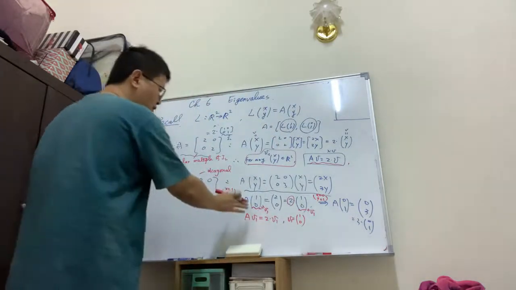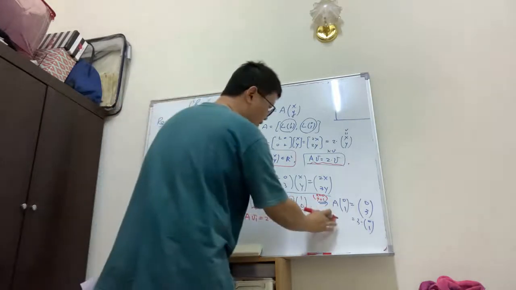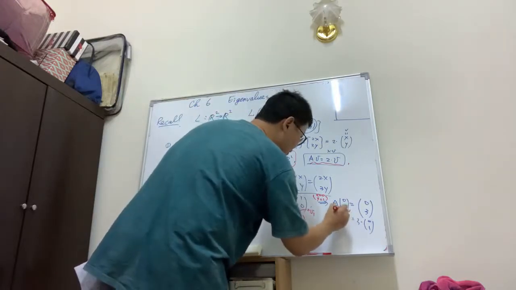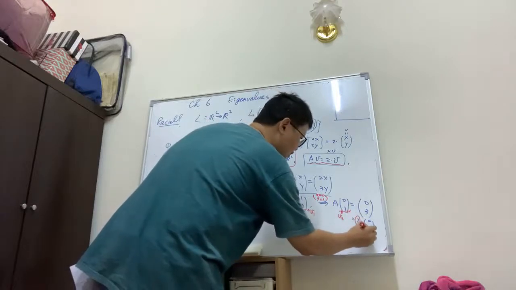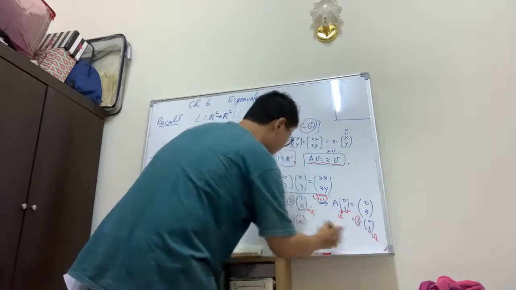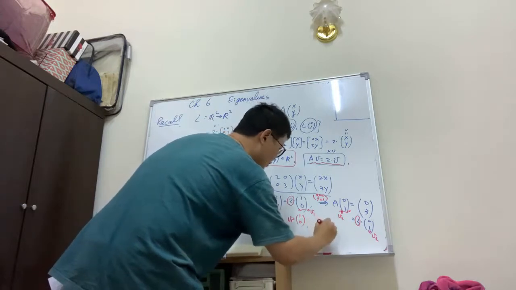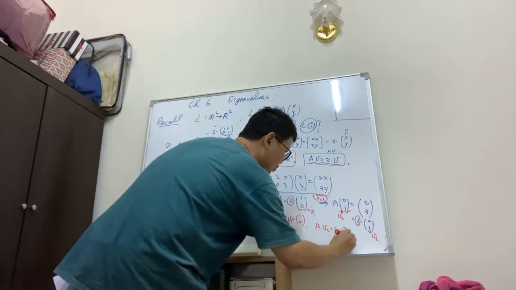So for this equation, we have AV1 equals 2V1. But for this one, if we let x be 0 and y be 1, and we denote it by V2, then it's equal to 3 times V2. So for this equation, we have AV2 equals 3 times V2, and here V2 is (0, 1).